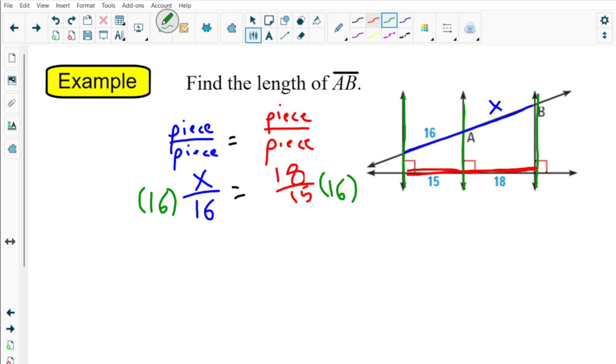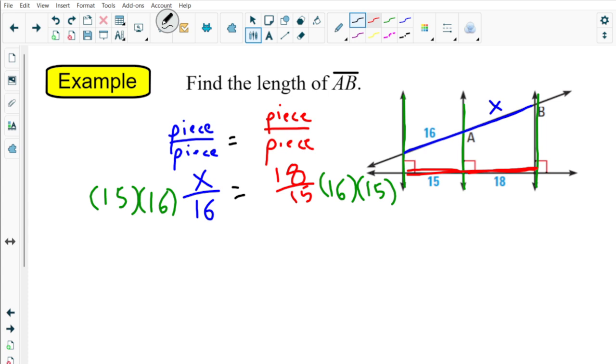Then for the right side, I'm going to get rid of my 18 divided by 15 by multiplying by 15. And that will cancel out all our fractions.